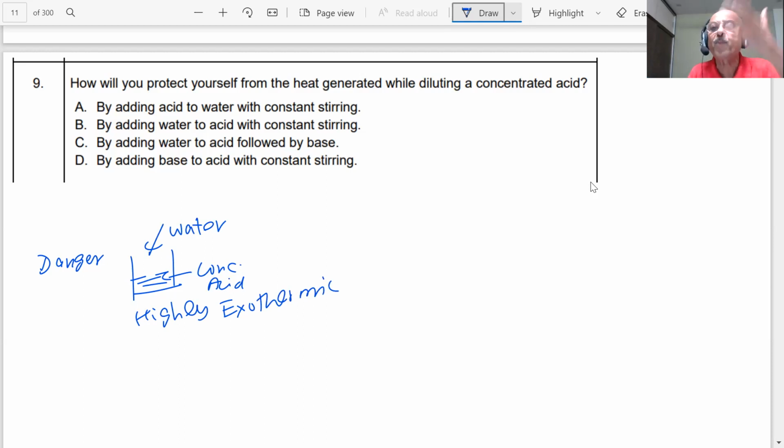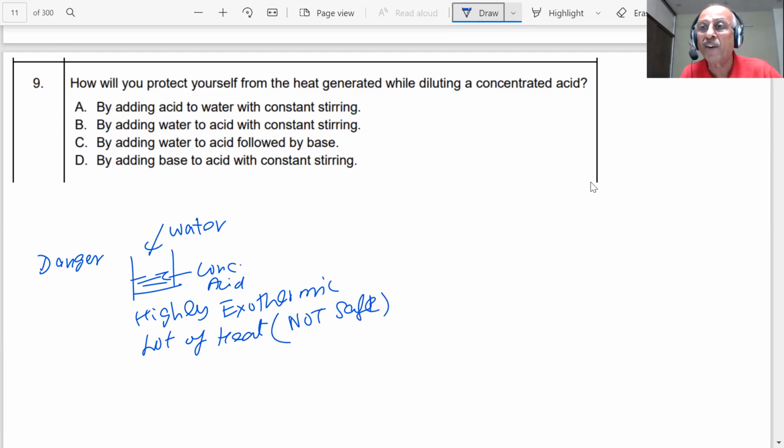It will splash on our face. A lot of heat will be generated, and it is not safe. Never do it like this, because our face will be burnt, because there is a lot of heat of dilution involved. So what do we do then?